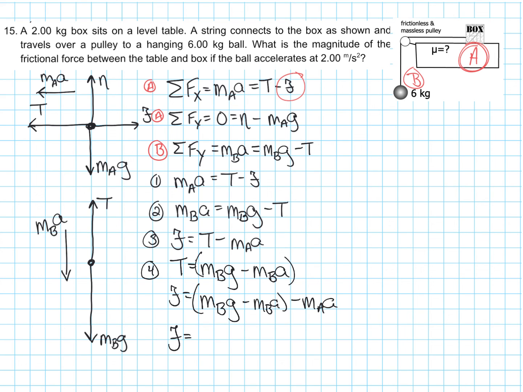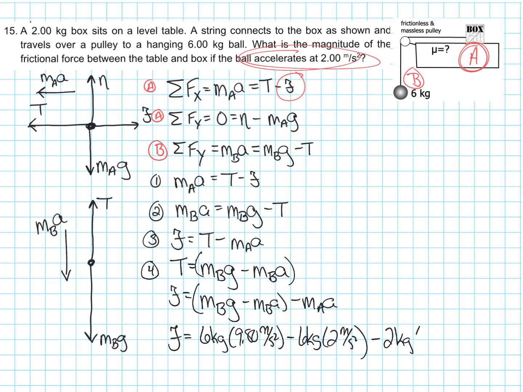The mass of B, which is 6 kilograms, times 9.80 meters per second squared on the Earth, minus the mass of B, 6 kilograms, times the acceleration the problem gives me up here, 2 meters per second squared, minus the mass of A. What is the mass of A? 2 kilograms, times the acceleration. It's the same acceleration because everything has to accelerate together to keep tension in the rope. So there's my 2 for the acceleration.